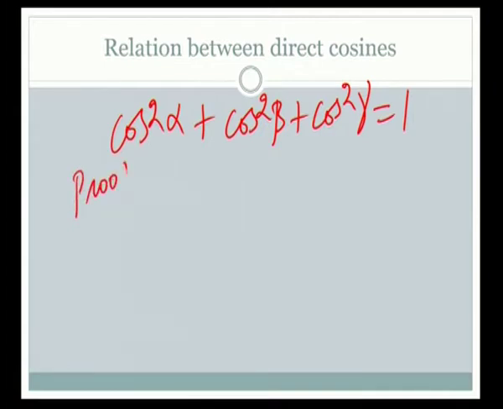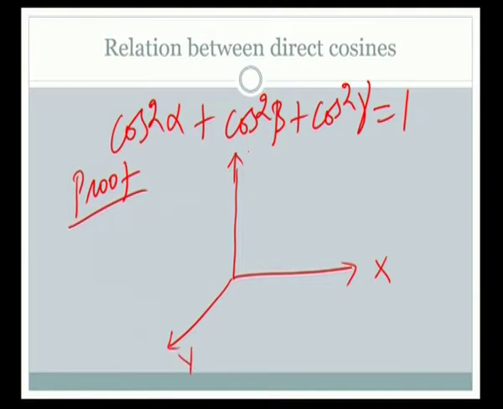To get the proof of this relation, we need to imagine a coordinate system. This is the coordinate system. In this coordinate system, this is assumed as x axis and this is assumed as y axis and this is assumed as z axis.